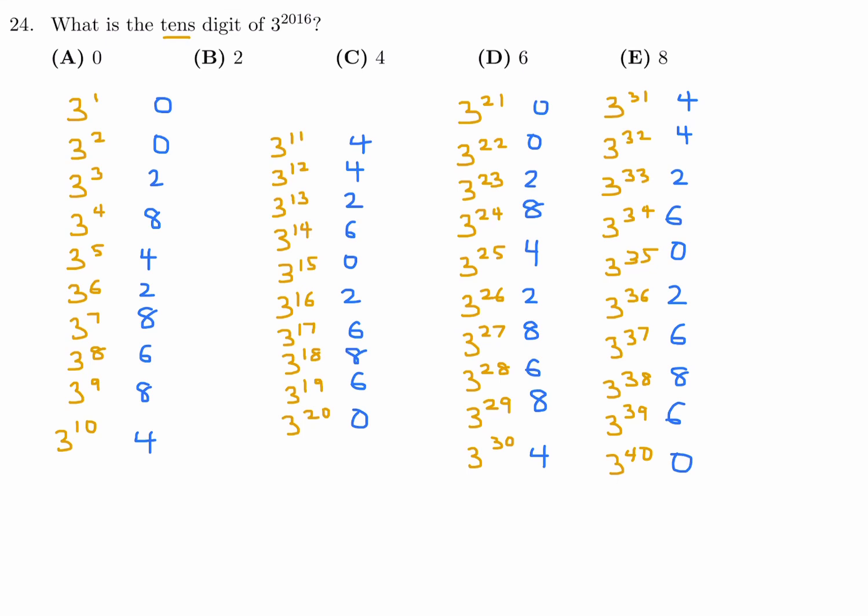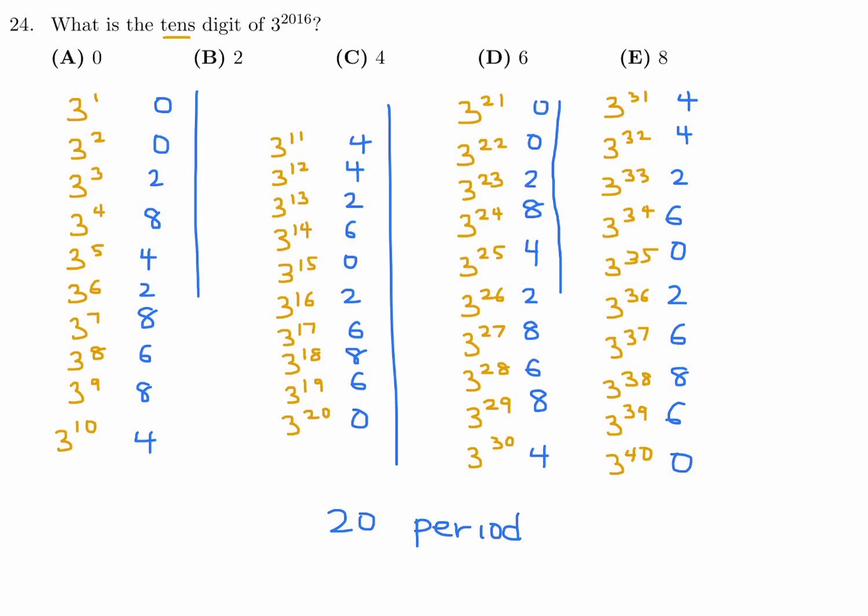Okay, let's see here. And the good news is that we got a pattern. It's a 20 period pattern, if that's how you want to describe it. If you notice, once you get finished with 20, it starts repeating 0, 0, 2, 8, 4, just like here.